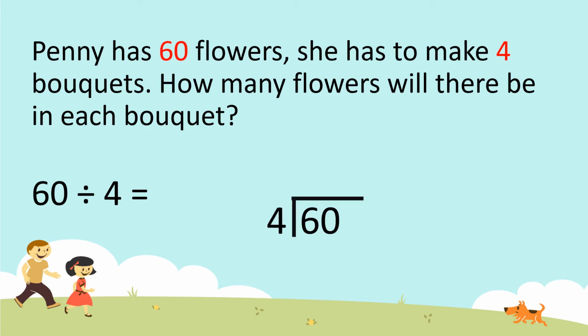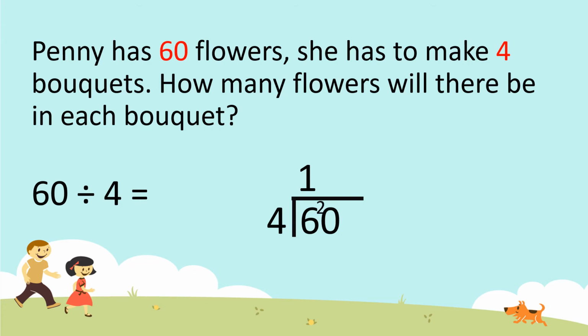Next, to do this in the bus stop method, we will have to write it down like this. Then we see how many times 4 can go into 6. 4 can go into 6 once. So we write a 1 on top of the 6. But we have a remainder of 2. So we would have to write the 2 next to the 0. Like this.